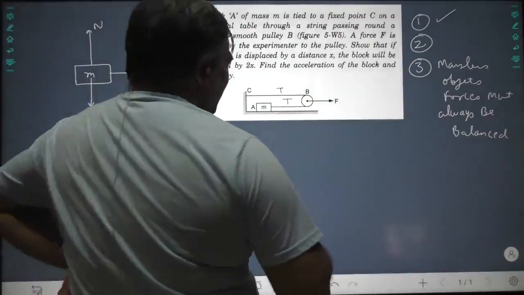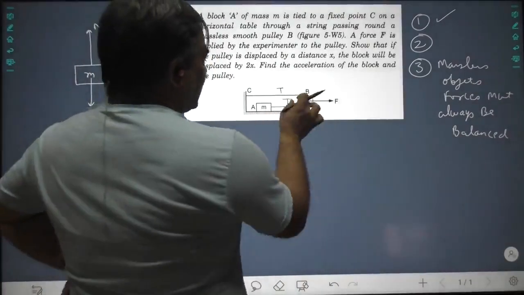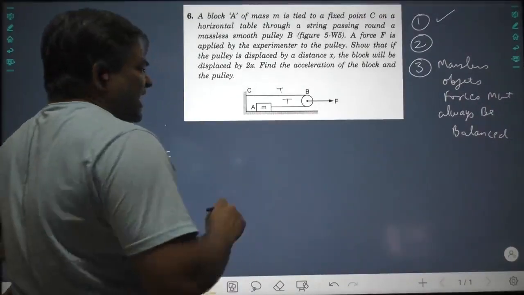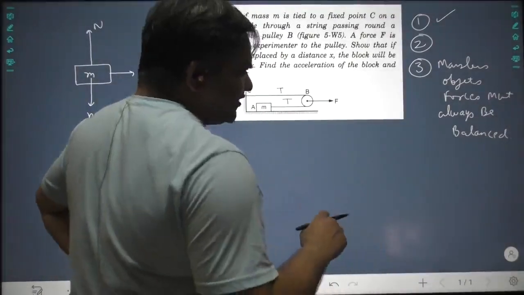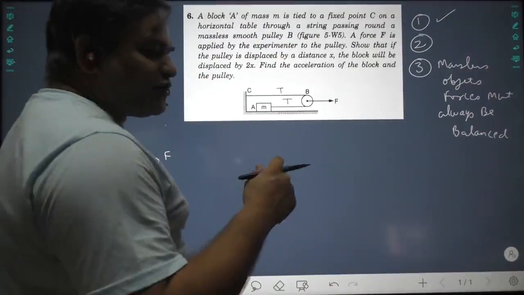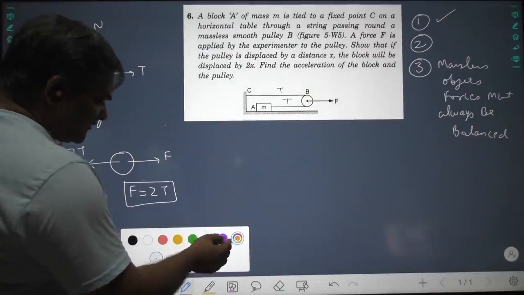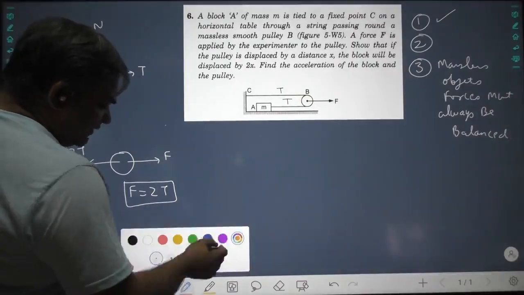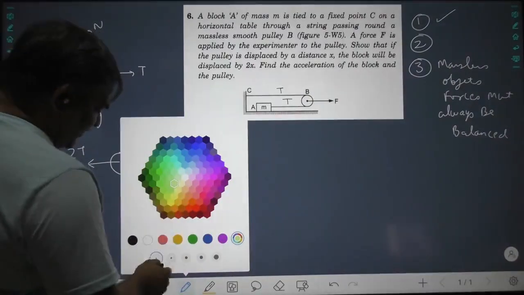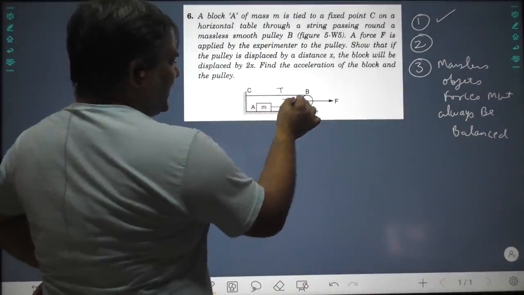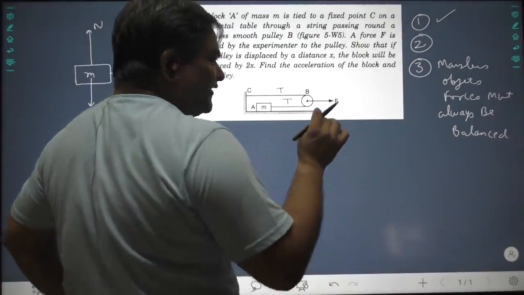Now try to understand the relation between the accelerations. I am going to use the black pen and establish the relation between the accelerations in two different ways. I want you to understand both ways. Let us use some light color so it is visible everywhere. Now try to understand. Suppose this is A, this is B. Now one is simple logic.